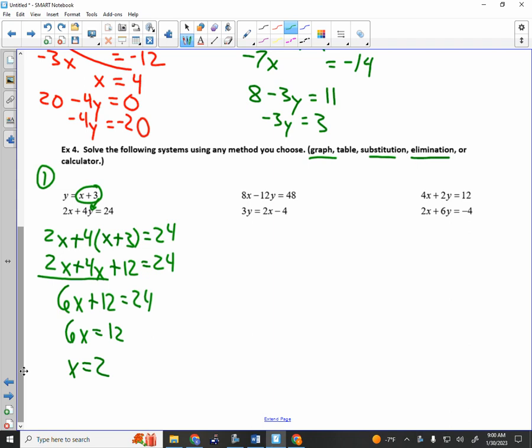Talk to your peer, take 30 seconds or so. What strategy would you use to do the second one? And let's leave graphing out of it. Choose whether or not you would do substitution or elimination. Talk. Go.